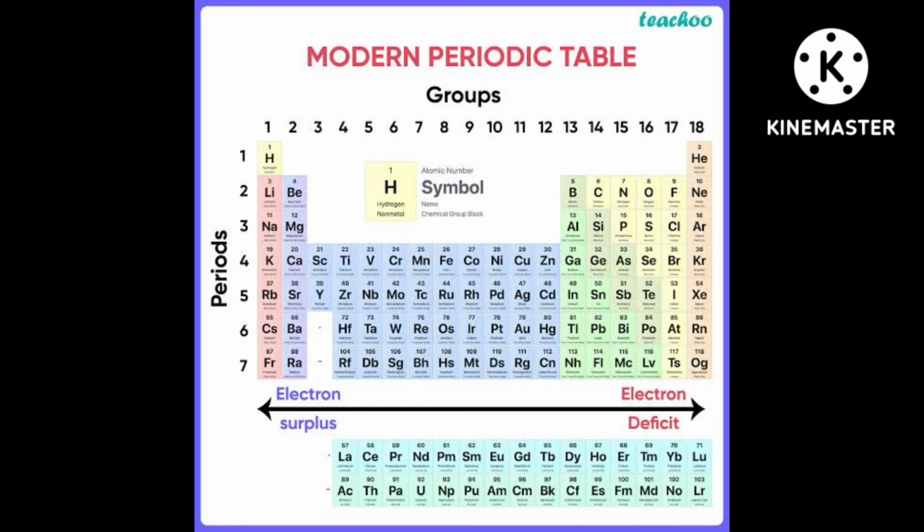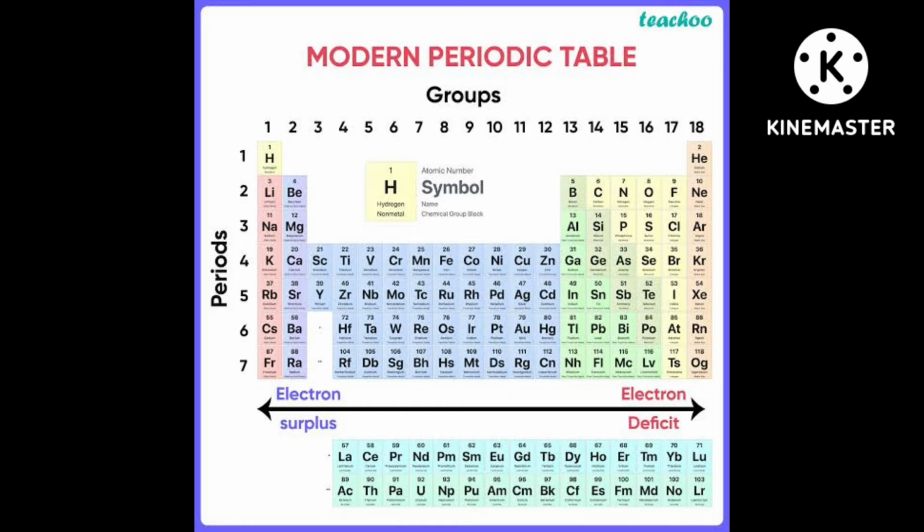After that, while filling these electrons, I already told you it starts filling from the lower energy level to the higher energy level. In the energy level, that is the orbit or shell, orbitals will be there.